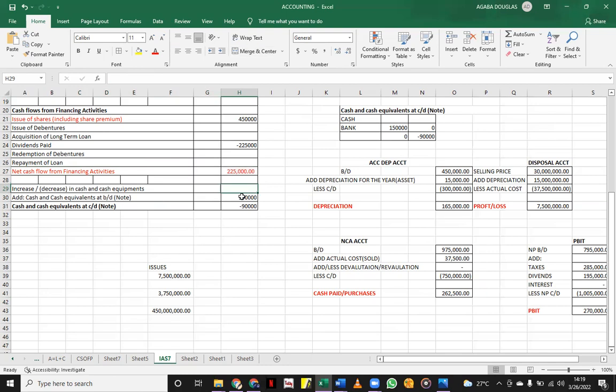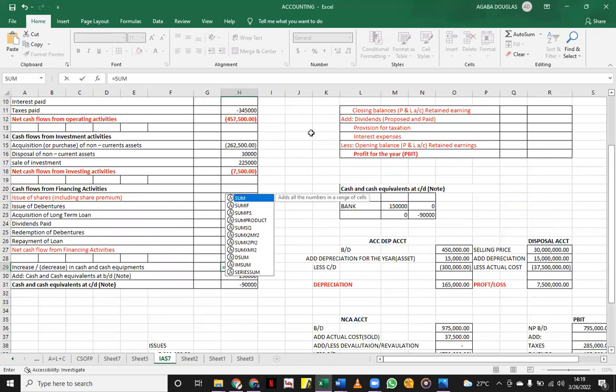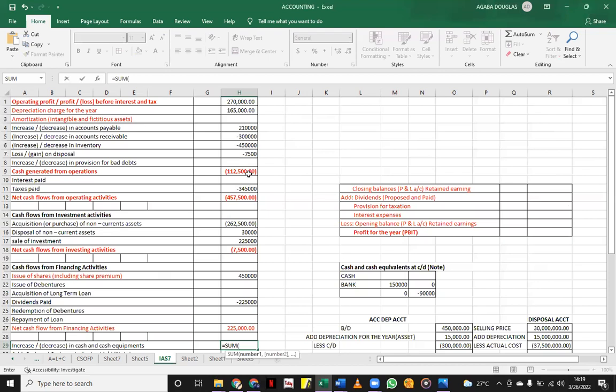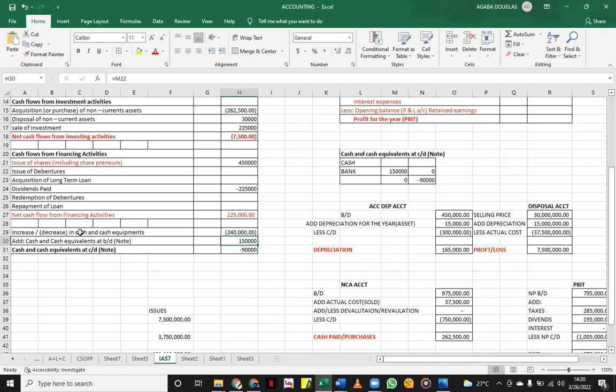So it's a sum, let me just open the brackets, then we capture the net, then we also capture this, and then we capture this, and then we press enter. When we do that, you can clearly see that we have a decrease in cash and cash equivalents of 240.